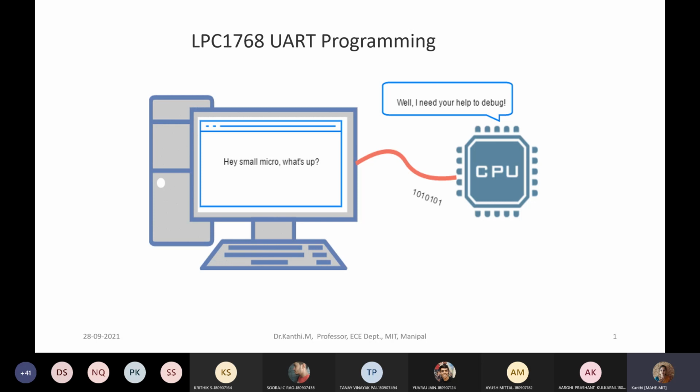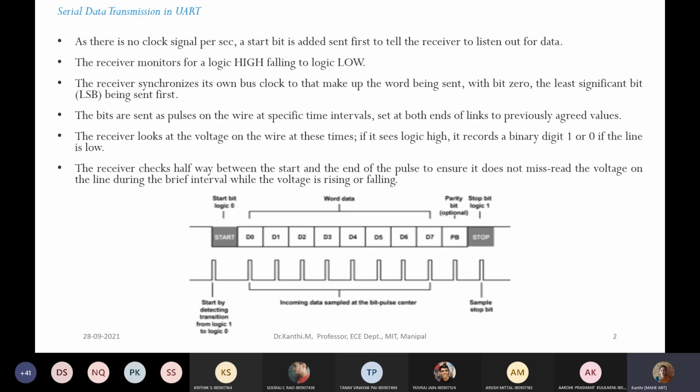So normally we do it through the UART. This is a simple serial communication protocol with a packet of 8 data bits, and you have a start and a stop bit, and also a parity bit. This is how you encode whatever data you want to send.